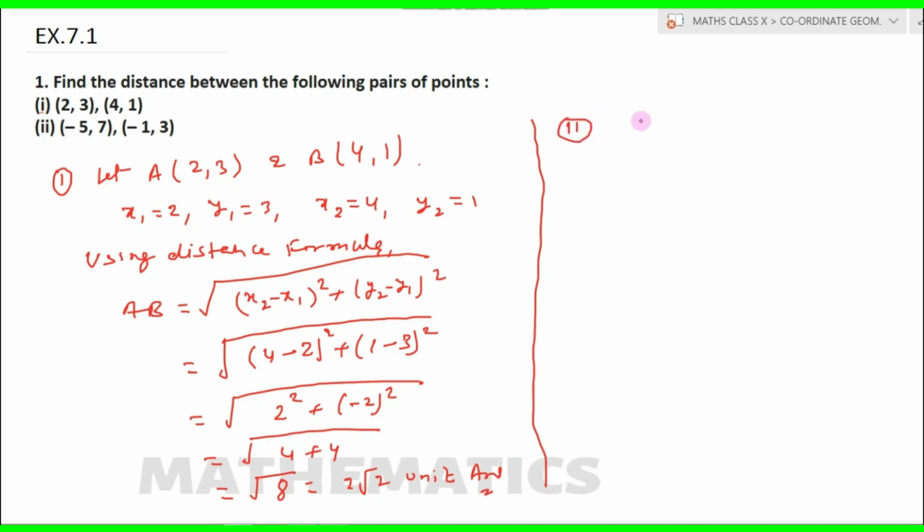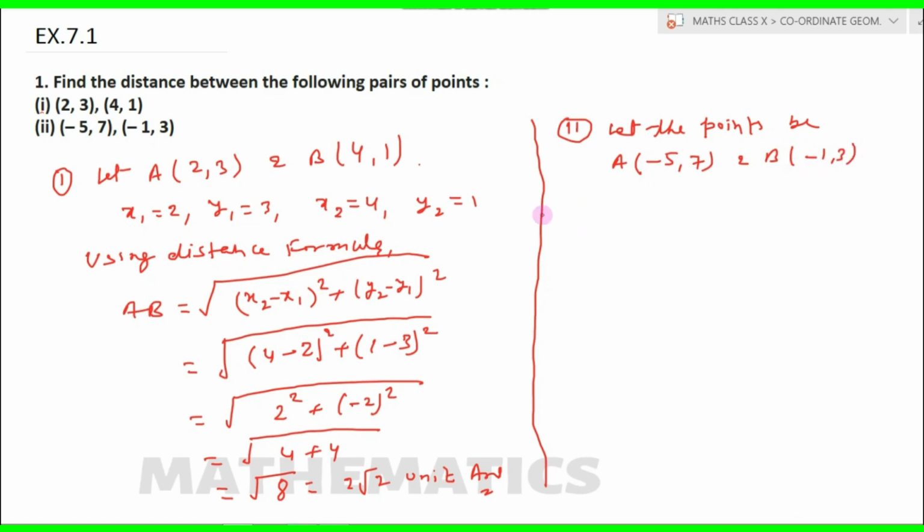The second part: let the points be A whose coordinate is (minus 5, 7) and B whose coordinate is (minus 1, 3).